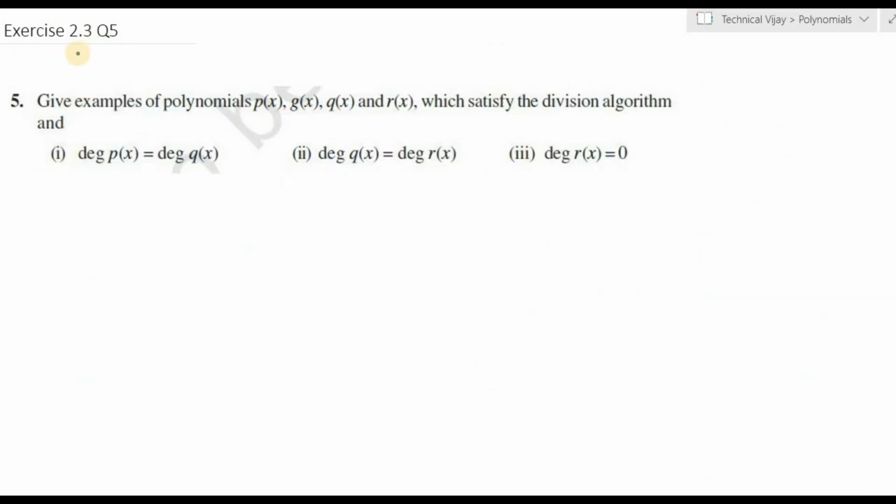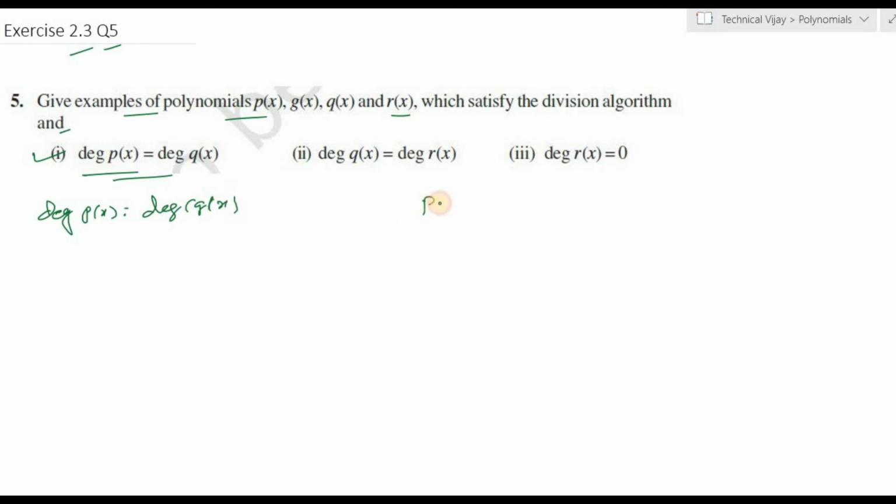In this exercise 2.3, in question number 5, give some examples of polynomials p of x, g of x, q of x and r of x which satisfy the division algorithm. In the first portion, we have to give an example for this type of function, that is degree of p of x is equal to degree of q of x.